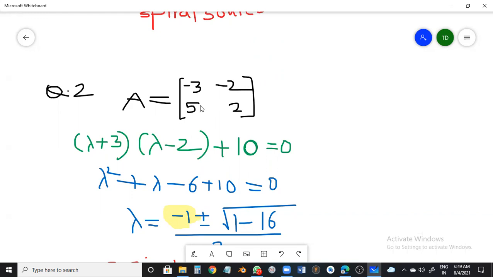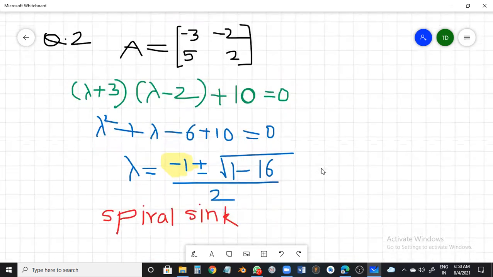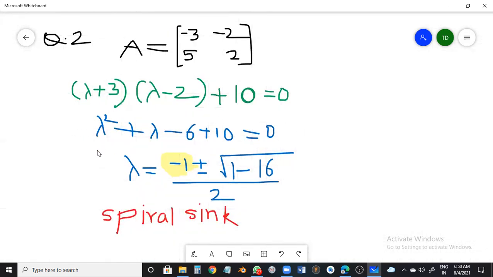The product of the off diagonal entries was minus 10 and that you are subtracting. So it becomes plus 10 equal to 0. Ultimately, the polynomial becomes lambda square plus lambda minus 6 plus 10 equal to 0.